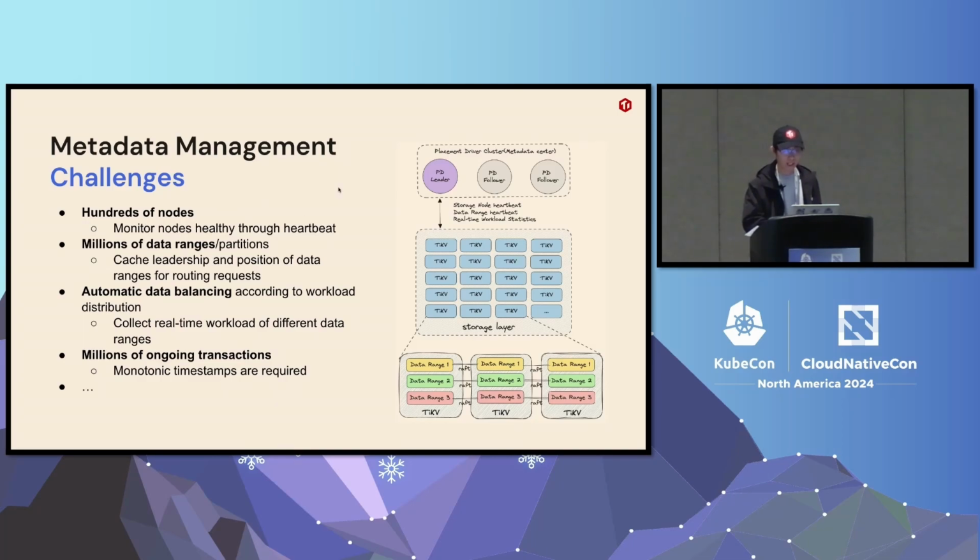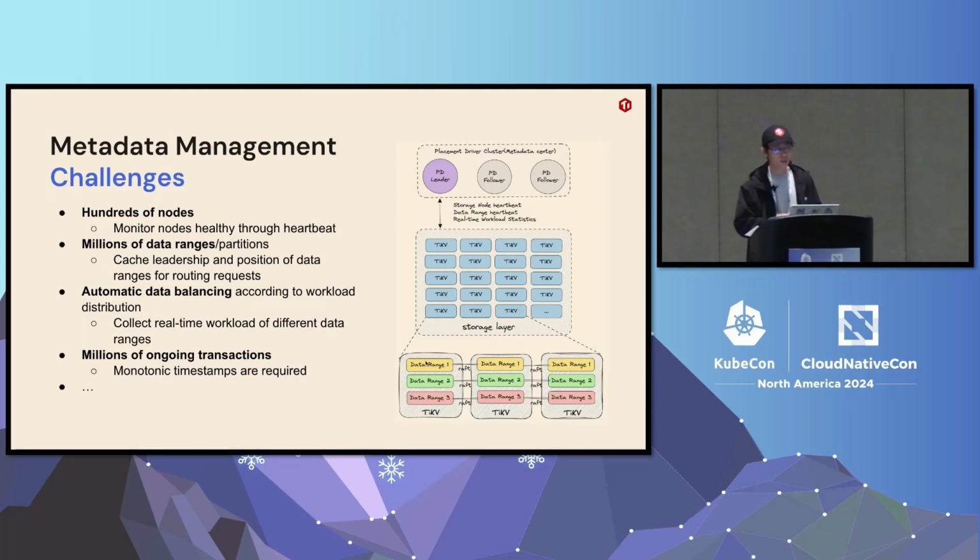The other task the PD needs to do is cache all the data range, location, and leadership in the metadata center. So when requests come, it can know where the connection needs to connect.